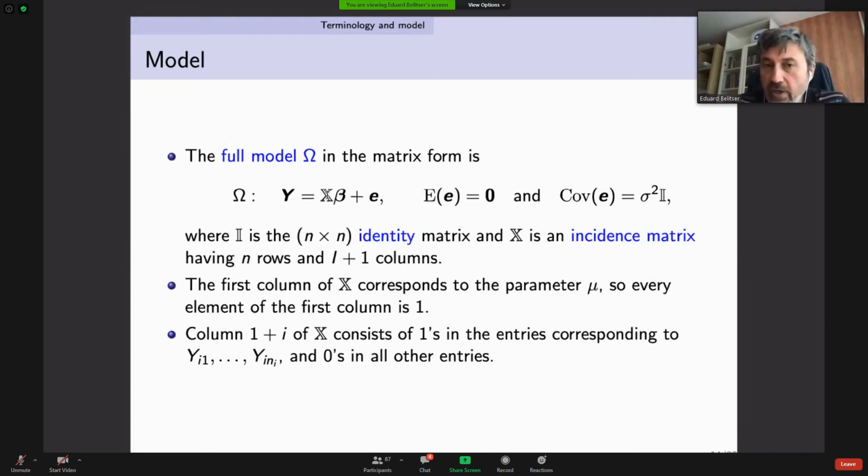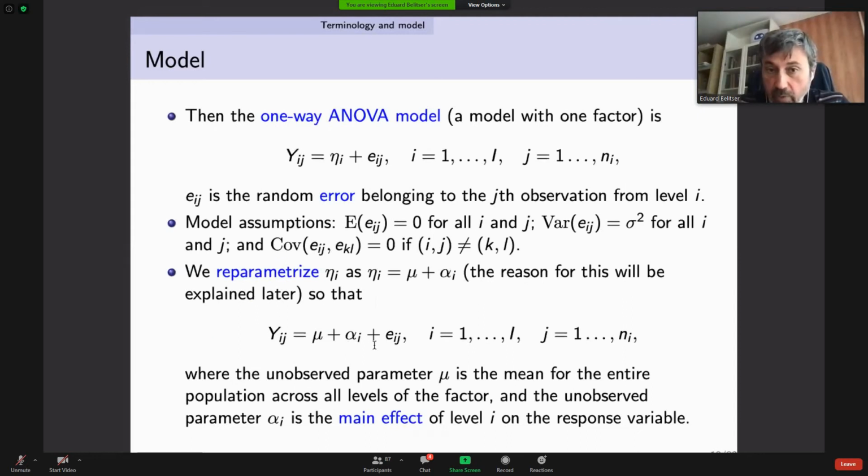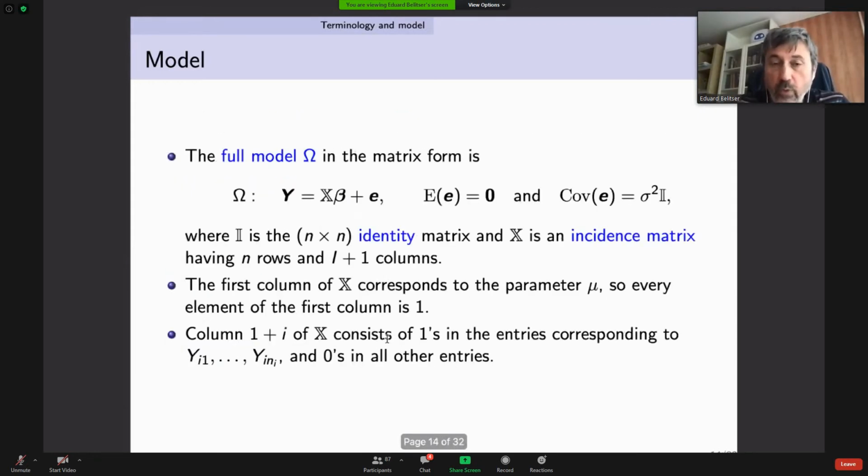We just need to figure out what is this matrix x to have what we had. We want this back. Therefore, we want to understand what is this matrix x to have those many equations before. This matrix is called incidence matrix or design matrix. I prefer the term design matrix. I think it's more used.